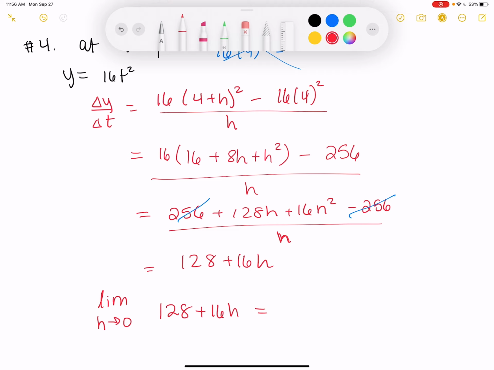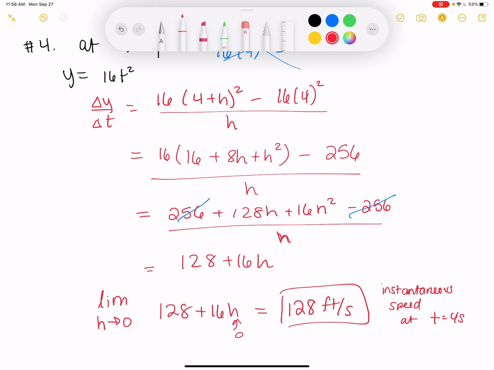A hint with limits is that essentially you're plugging in a number, whatever it's going to for that value. In this case the limit is h approaches 0, so I would essentially put a 0 there. So it would be 128 feet per second. That's the instantaneous speed, which is what it wanted at t is equal to 4 seconds.